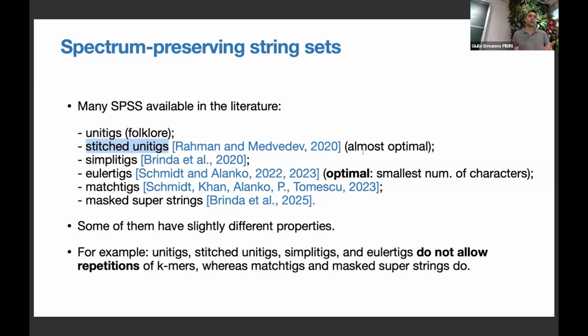So you can actually be very, very happy with just the stitch unitig heuristic, and it works very, very well. Then there are other types of SPSS, like the matchsticks and the masked superstrings that have, as I mentioned before, slightly different properties. In particular, they allow for repetition of k-mers. Yeah, that's more or less the general picture, the bigger picture.